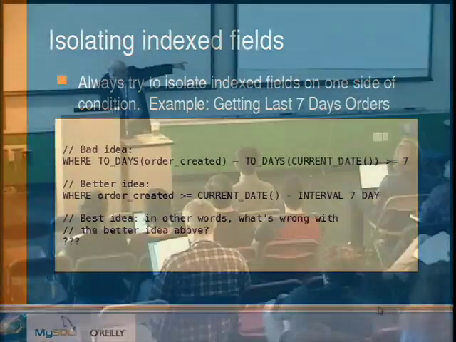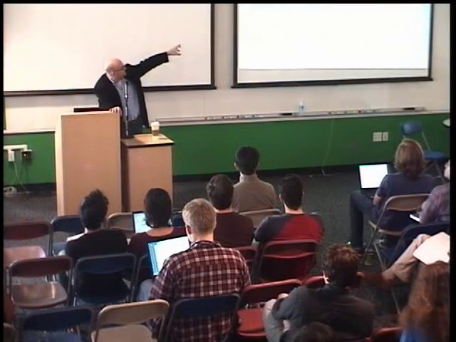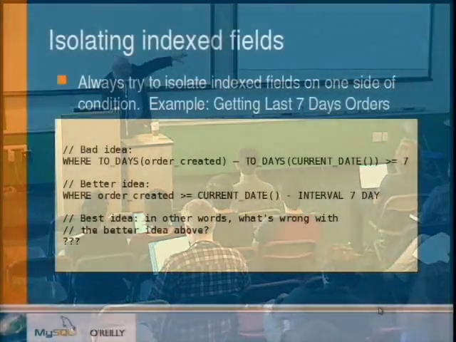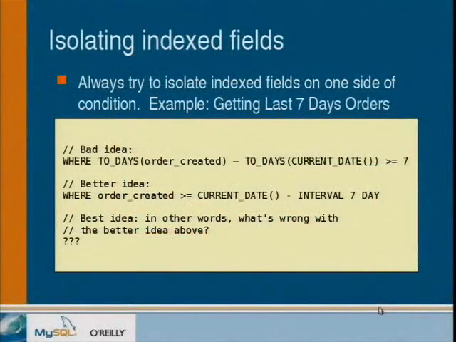In this case, you're just taking the 2 days and converting it into current date minus 7 days. Just make sure you understand the greater than and equals and all that, so you're including it.